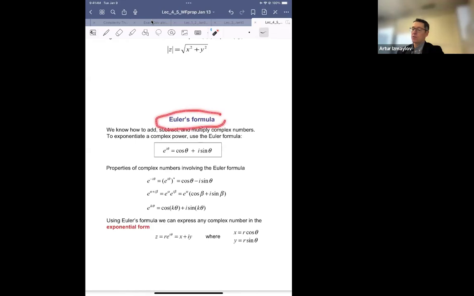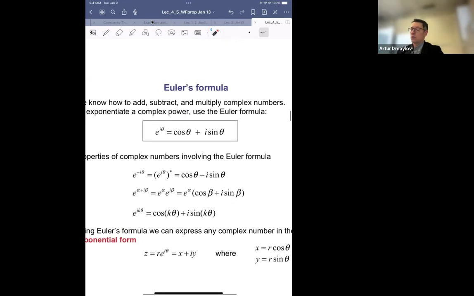could be motivated first by thinking about the earlier formula. Are you familiar with this expression? It's very useful. The exponent of i theta gives you cosine and sine.